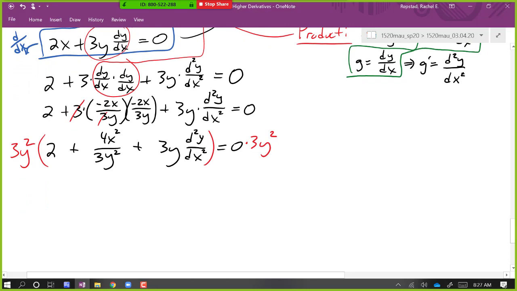When we do that, we get 6y squared plus, in the middle term, the 3y squareds will cancel, so we just have 4x squared, plus now 9y cubed times the second derivative equals 0.